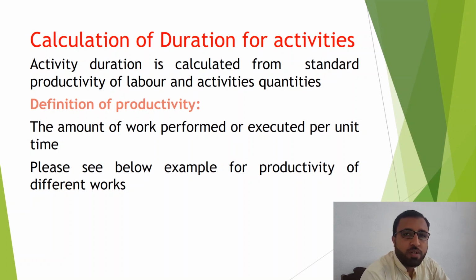We need one mason and one labor, and maybe we will consider that they will install 8 meter square of marble per day. If they are working an 8 hour shift, the man hours will be 16 man hours. So with 16 man hours, a crew of 2 people can install 8 meter square.